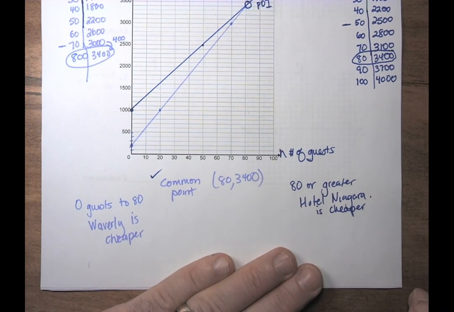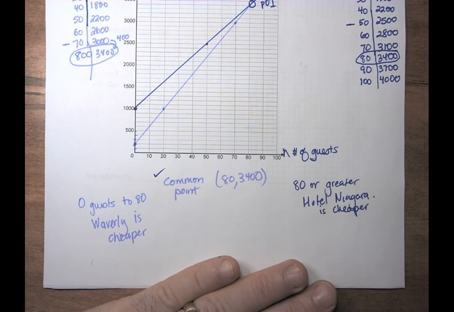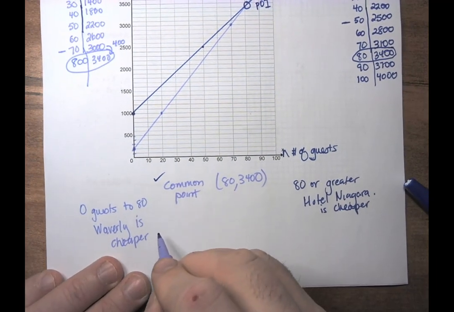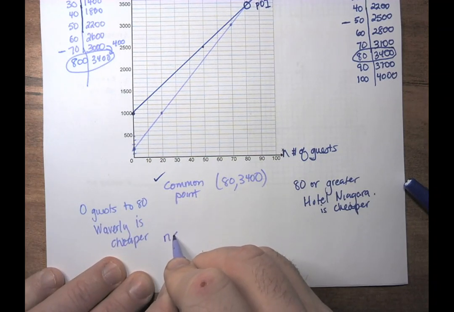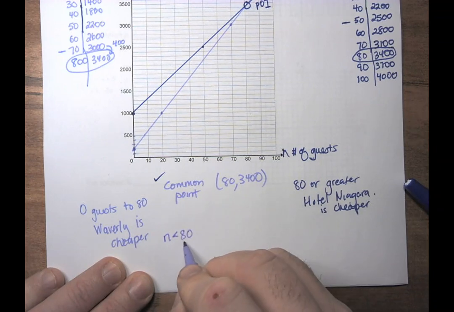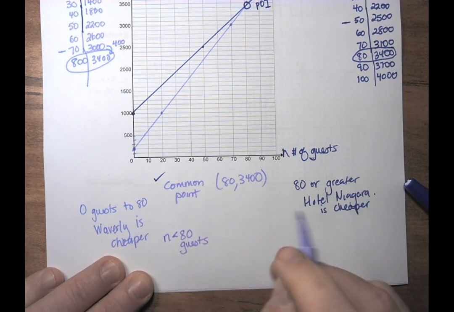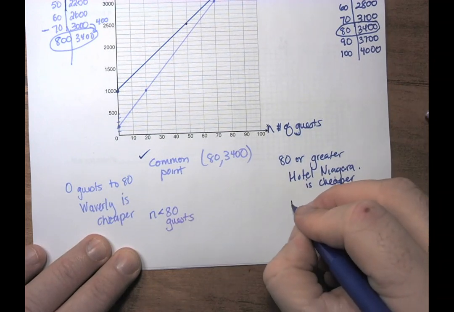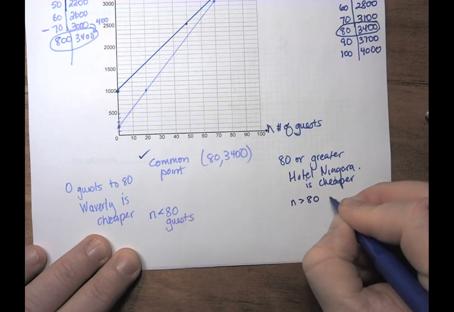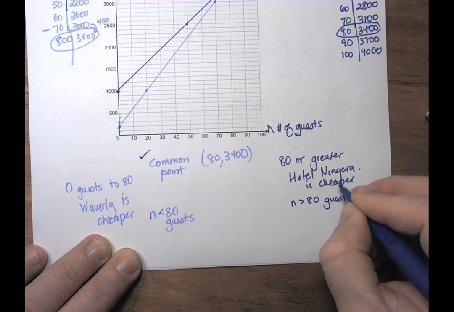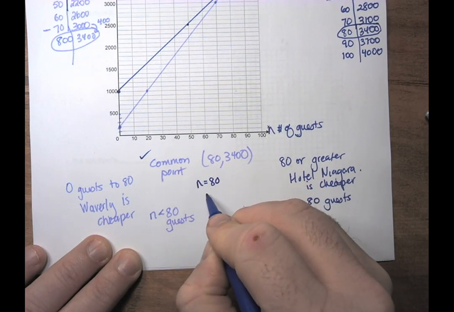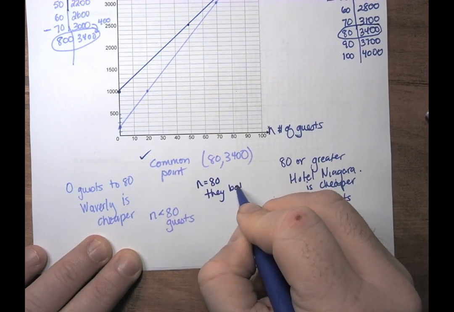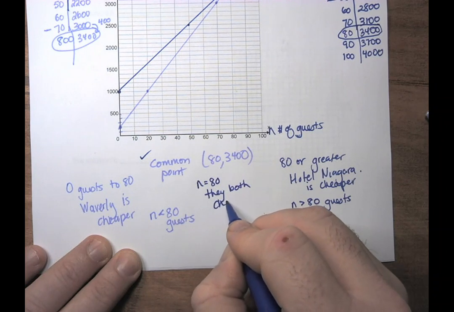Okay. And you have to push pause. Go ahead and push pause and copy it down. So another way of saying it is, I can say n is less than 80 guests, and n is greater than 80 guests for Niagara being cheaper. And when n is 80, they both charge the same.